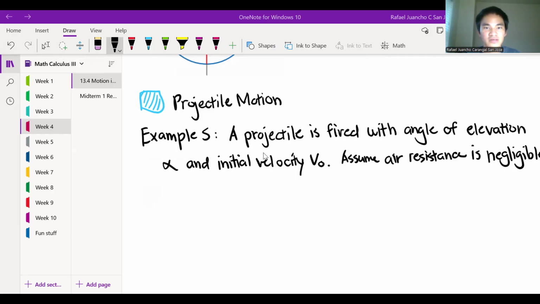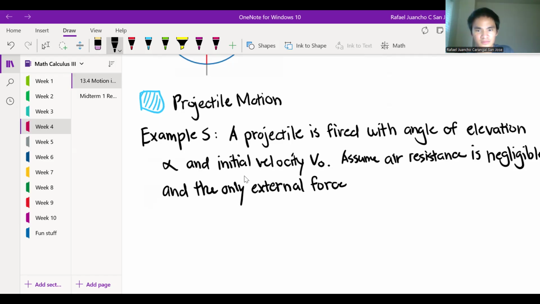So we're not considering air resistance here, but we're only considering a force. It's the only external force, which is gravitational force. So that's what we're considering in this projectile motion.